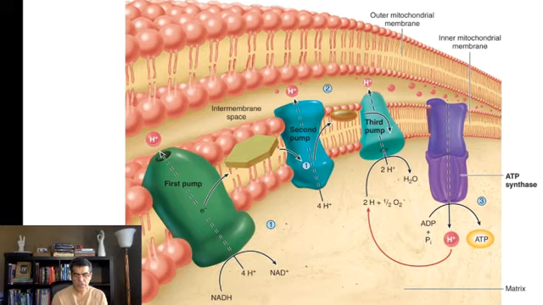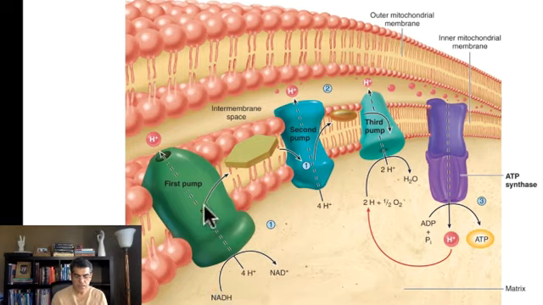This picture shows mitochondria. This is the outer membrane, and this is the inner membrane. Realize in the inner membrane you have a bunch of molecules that can accept electrons. Collectively it's called the electron transport chain. NADH or FADH2 are going to bring electrons to these members.